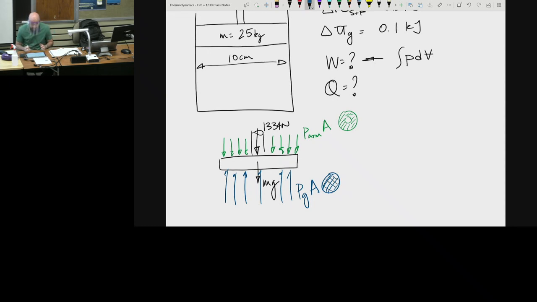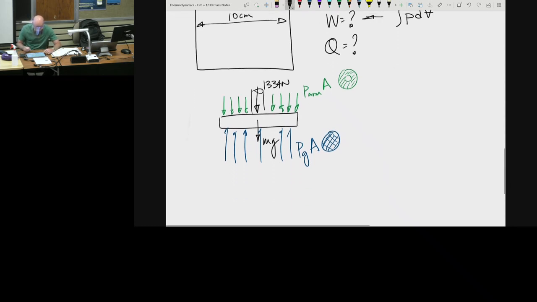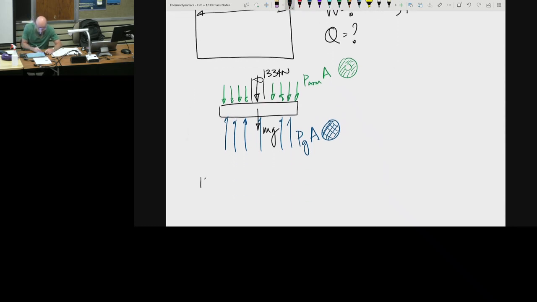So we should be able to find the pressure by doing a simple force balance, and you're going to have to do this multiple times this semester, so might as well get that practice done. Coming down, 1,334 newtons plus mg, they said it was 25 kilograms, times 9.81 meters per second squared. Also, the pressure of the atmosphere, they said, was 1 bar, and now we have to worry about this area.